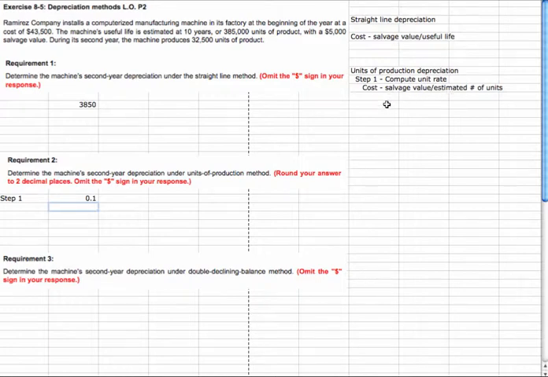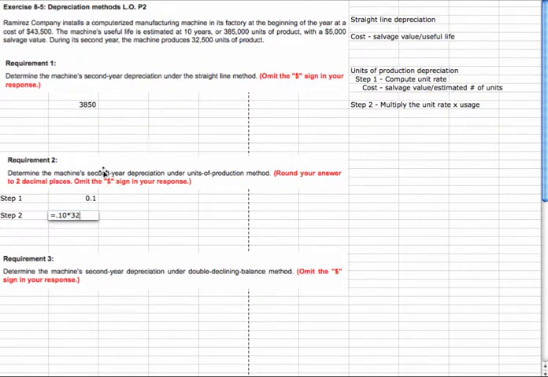Now, next, we have to take step 2, which is multiply the unit rate times the usage. So in step 2 here, I would take my unit rate of 10 cents per unit times the number of units we produce, and at the very last sentence it says right up here, during its second year, machine produces 32,500 units.